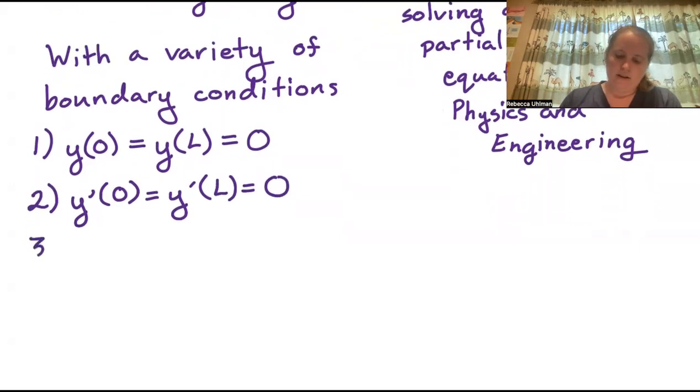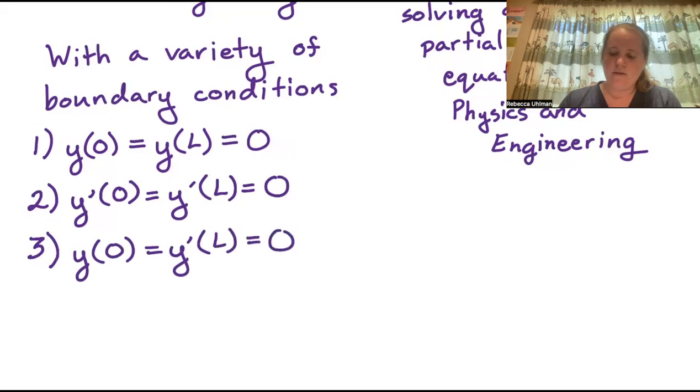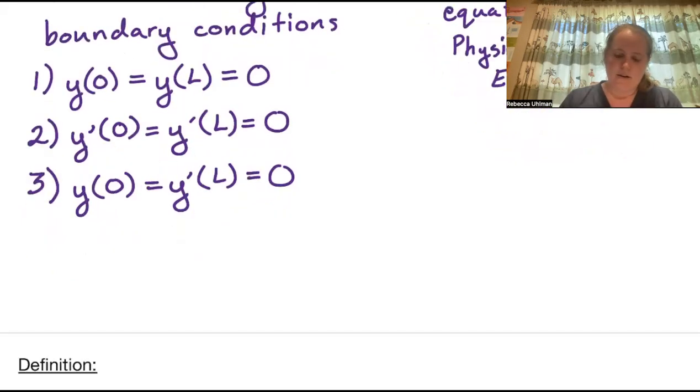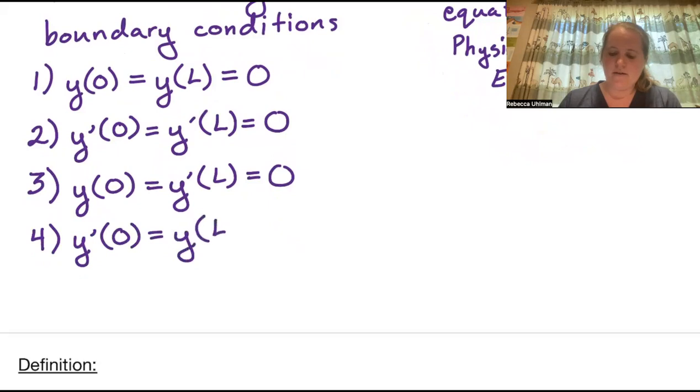Our next case will be y of 0 is equal to y prime of l is equal to 0. So we have mixed conditions. Our next case will be y prime of 0 is equal to y of l is equal to 0. And then our last case will look a little different.